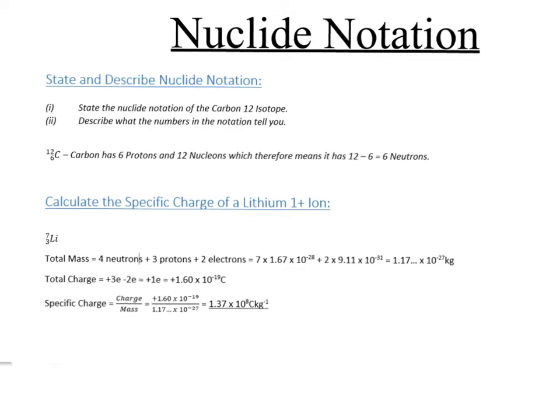So the magnitude of an electron's charge is 1.6 times 10 to the minus 19 coulombs. We've got 1 of those overall, because we've got 3 protons minus 2 electrons, which gives you 1 electron's worth overall, but positive. Specific charge would be the charge divided by the mass, and in this case you would get this number here. You often get to the 10 to the power of 8 kind of numbers, so it's a useful check.